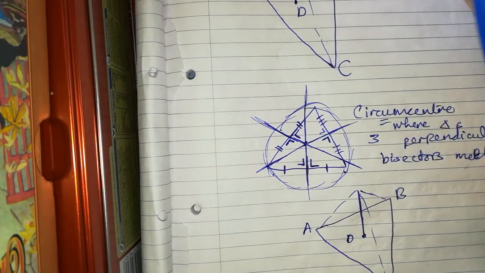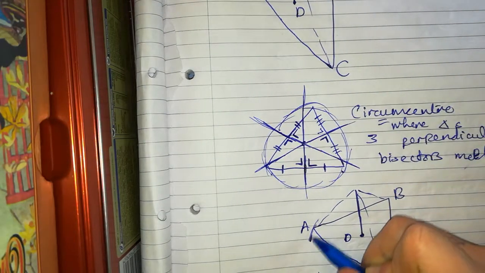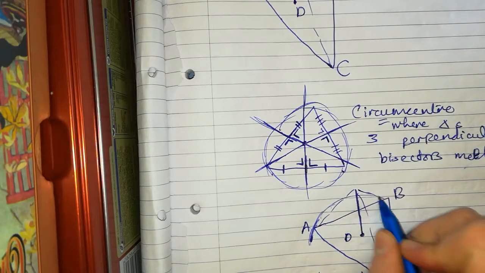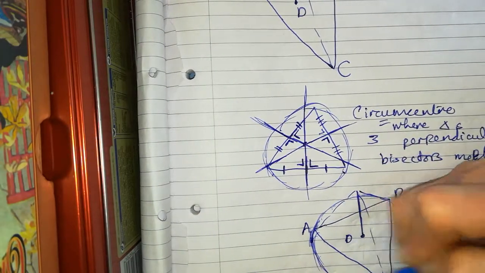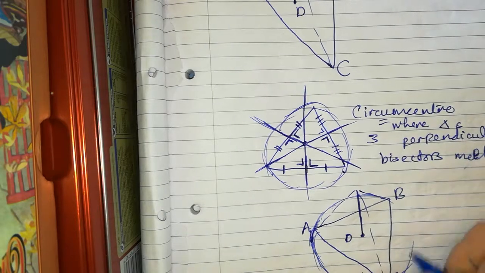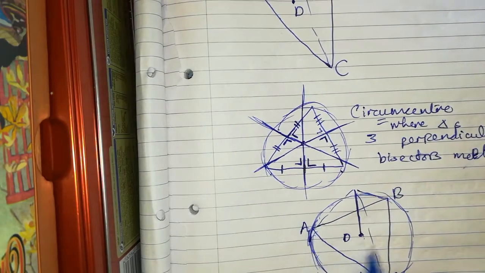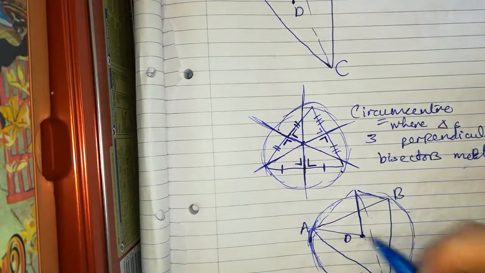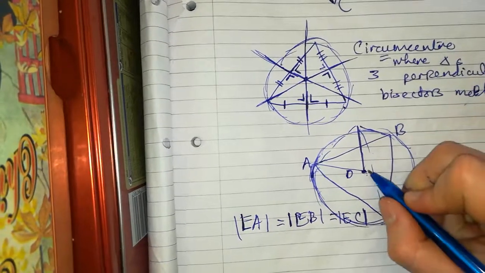Well, first, if we have our circumcenter, say this is our circle and this is the center of our circle, and the circle goes through each of the vertices of the triangle. Say this is a really bad circle, but the distance from the center to any point on the edge is the radius. So DA is a radius because the circle goes through the vertices of the triangle, and this is the center.